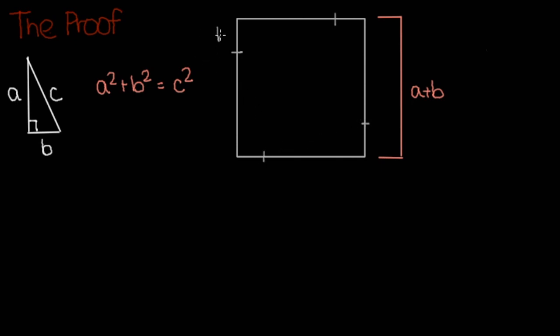And thus we know that this distance, the distance from the corner to the tick mark, is B. Now because the whole side is of length A plus B, we know the remainder portion must be A.